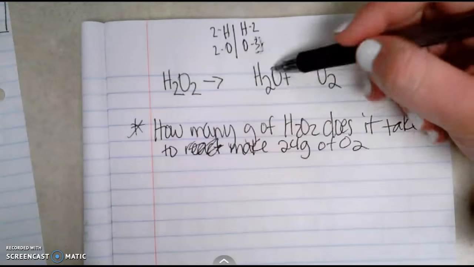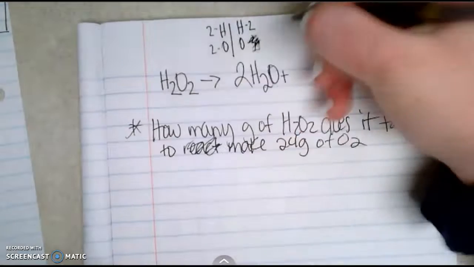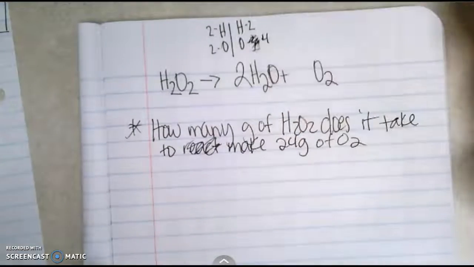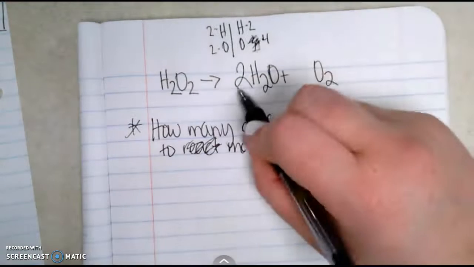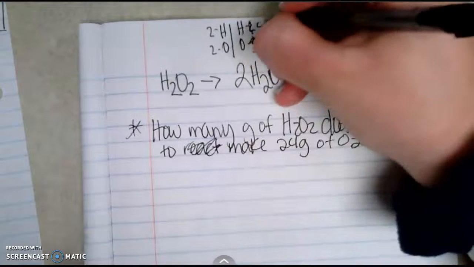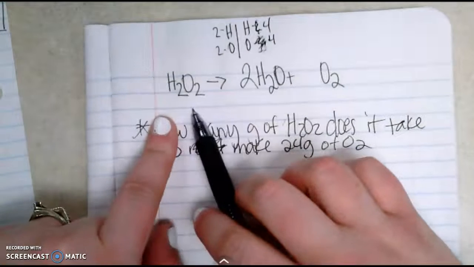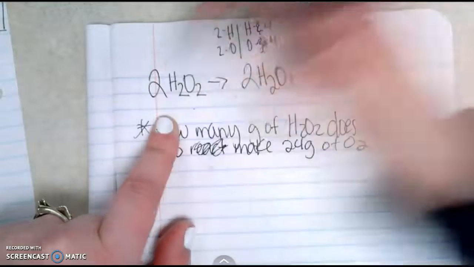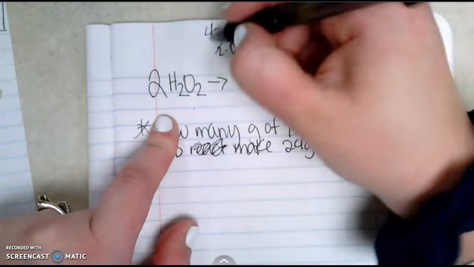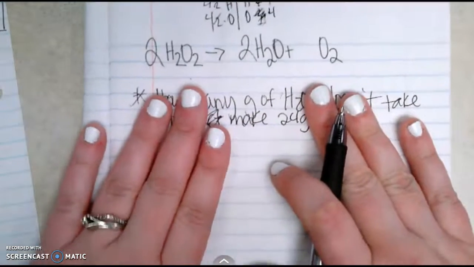I want an even number of O's here, so I'm just going to stick a 2 in front. That now gives me 4 oxygens, which is an even number, and that's a lot easier to balance. It also changes my hydrogens, so I have 4 of those now. So now if I go back over here, I have 2 of each. I need 4 of each. I'm just going to stick a 2 in front, and now I'm balanced. So this is my balanced equation that I'm going to use.